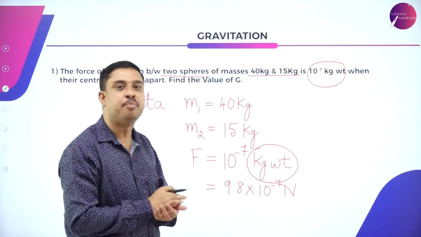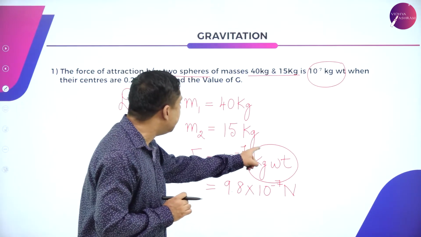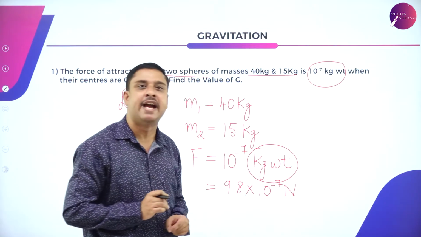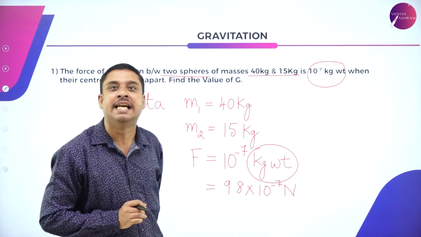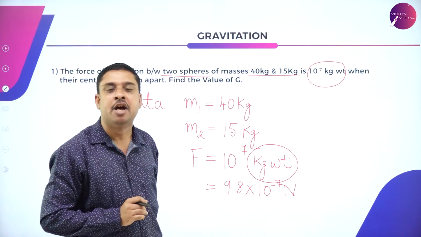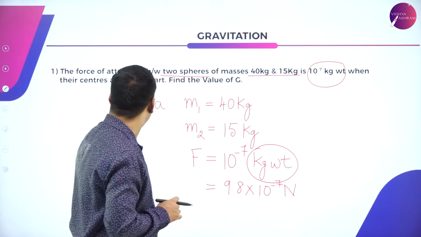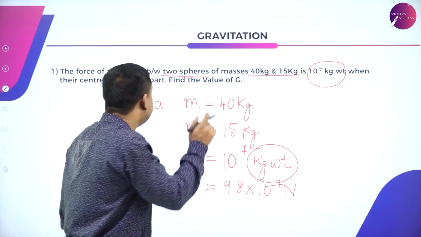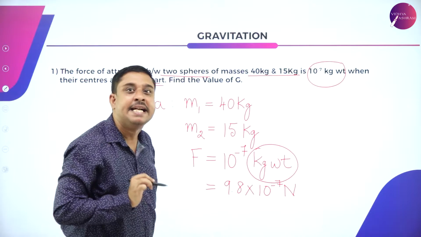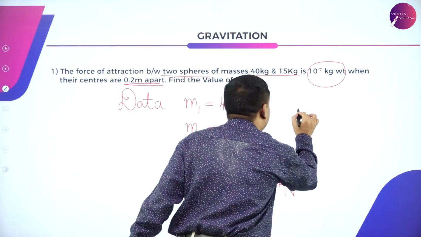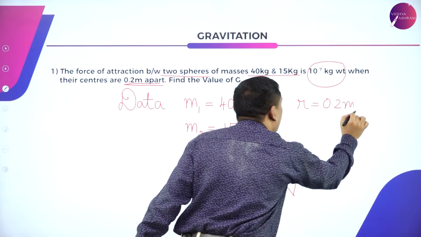So always remember, if force is given in terms of kg weight, multiply with small g, 9.8, so that it is converted into Newton. And the separation between the two spheres, distance between the two spheres is 0.2 meter.